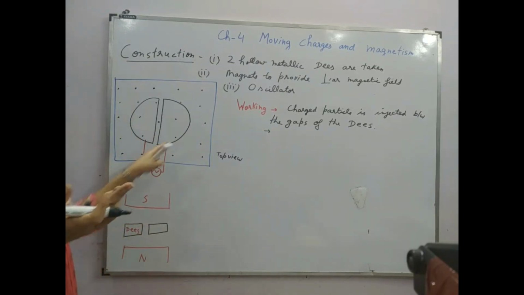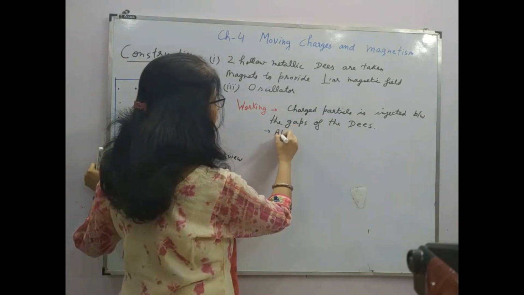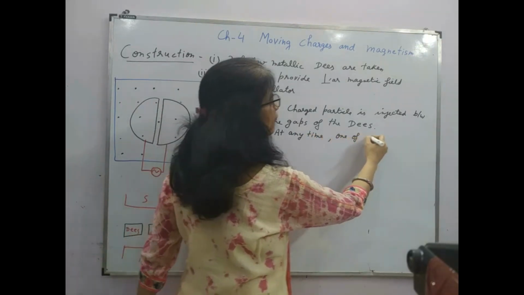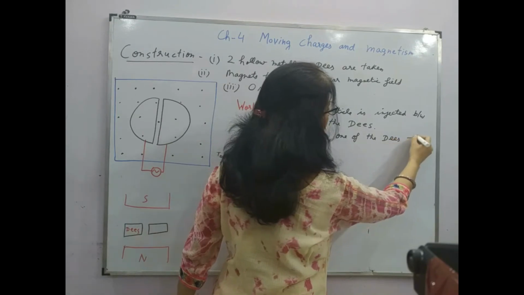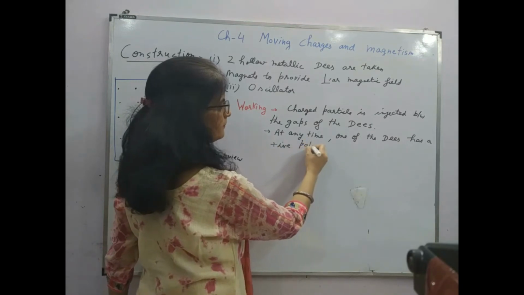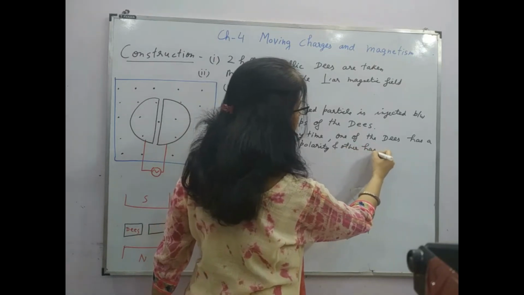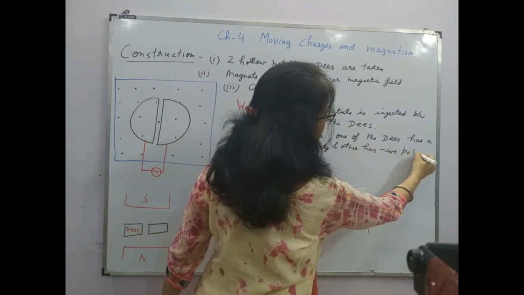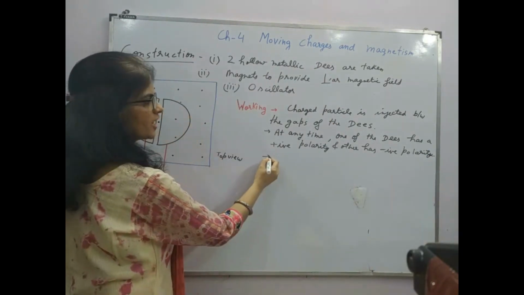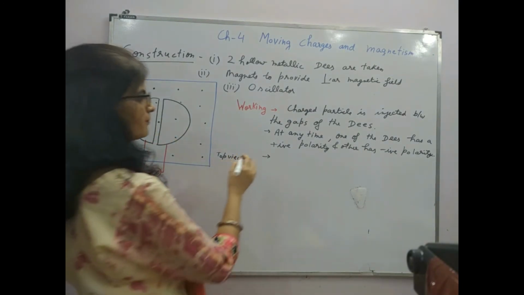And in the next half cycle, this will be negative and this will be positive. Right? So at any time, one of the Ds has positive polarity and the other has negative polarity. If the charged particle is positive, then it will be attracted towards the negative D.